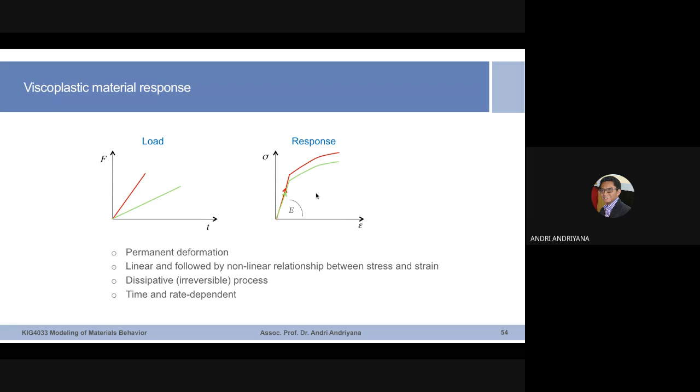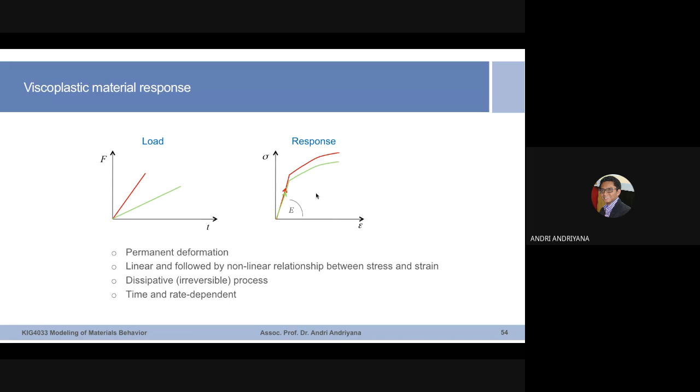For instance, when you deal with a combustion chamber, the metals used as a combustion chamber operate at high temperature. Then when you design it and do stress analysis, you need to make sure that you take viscoplastic response into consideration.